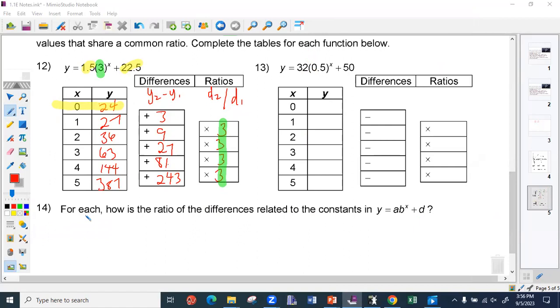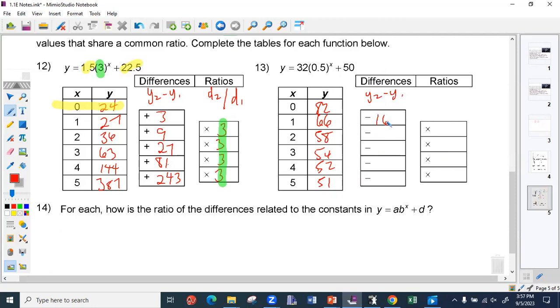My Y values, what are they? 82, 66, 58, 54, 52, 51. Now we're subtracting, 66 minus 82 because we're doing Y2 minus Y1, and we get negative 16.